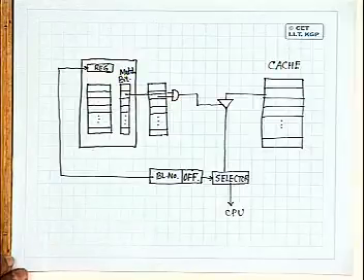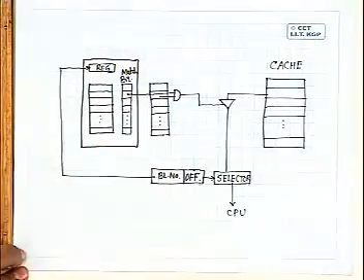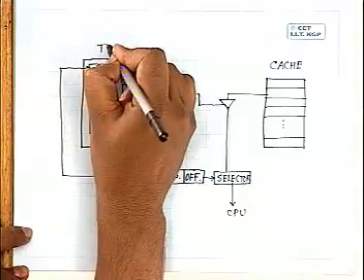So, it is like this. You put the block number in a register in the cache tag memory. So, this is the tag memory.